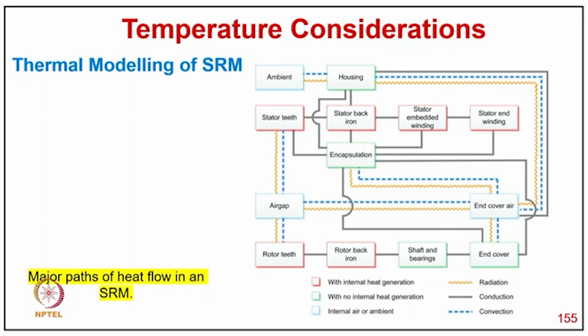Radiation goes with red, conduction goes with gray, and convection flow is with blue dotted lines, with internal heat generation in red, and no internal heat generation and other internal ventilation. So the different parts of heat generation as well as heat dissipation or heat flow are accounted for in the thermal modeling of the SRM.